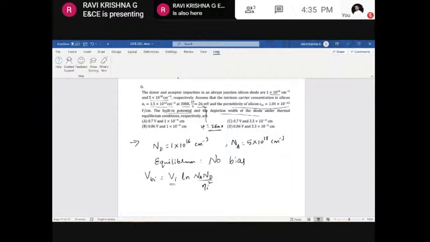Na is given, that is 5 × 10 to the power 18 per cubic centimeter, and Nd is given, that is 1 × 10 to the power 16 per cubic centimeter. The intrinsic concentration of the silicon, Ni, is also given. So you just substitute, and if you solve after substituting all these values, you will get the answer. Please solve this on your own.